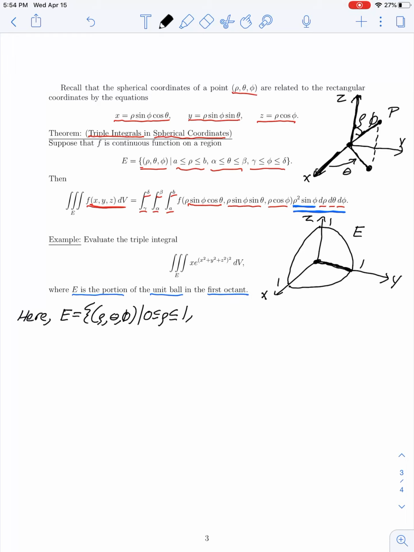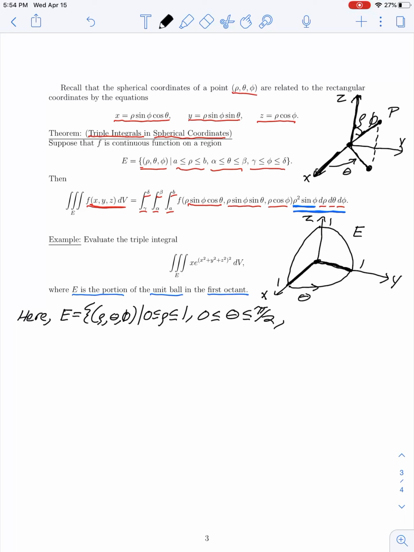Our value for theta could range from 0, so that is points along the positive x-axis, and then we are rotating up to the positive y-axis, which would be a pi over 2 radian rotation. So here, theta could range from 0 to 90 degrees, or pi over 2 radians.